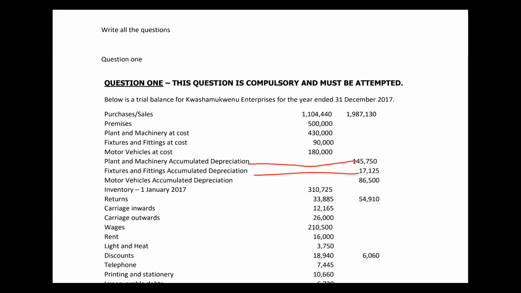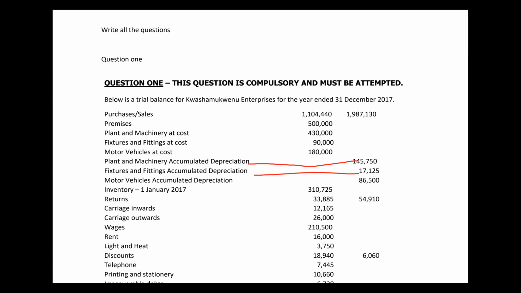The total depreciation, the total value that the non-current assets had lost from the time they were bought up to now is what is called the accumulated depreciation. All right? Up to January. I'm saying up to January. Then you need the depreciation that has occurred now from January up to what? Up to December. Isn't it?